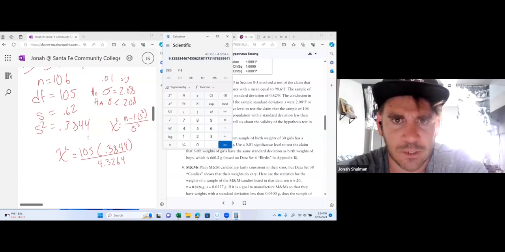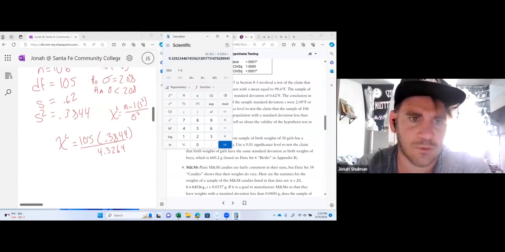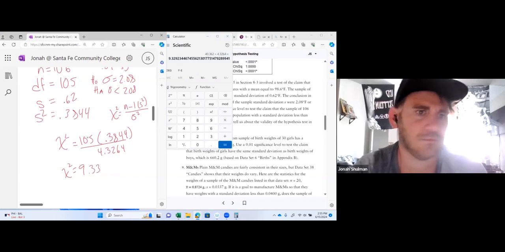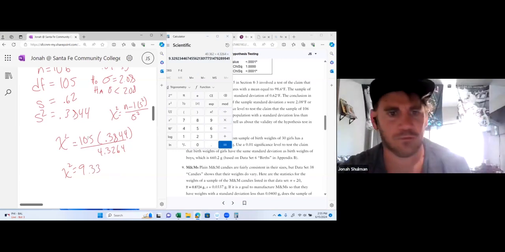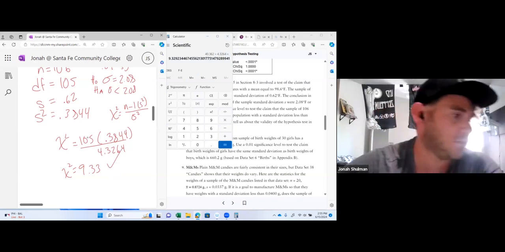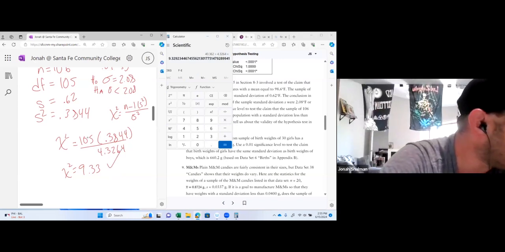So I got 9.32 or 9.33. That's my chi-squared. Let's see what we should have got. Yeah, that's the answer. Okay. Well, it's working this time. I don't know what errors I was making before.